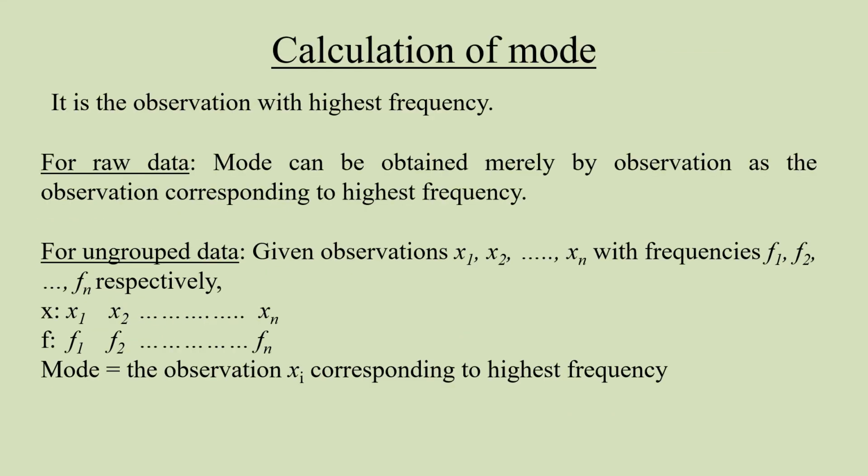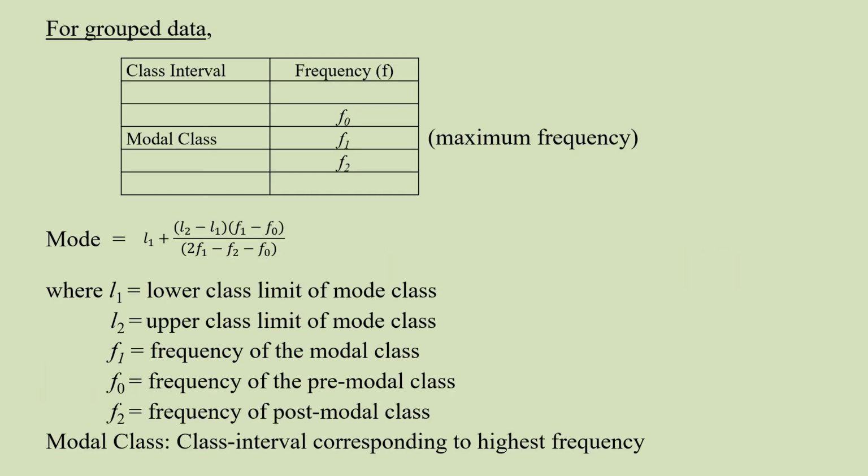Mode is that observation which corresponds to the highest frequency. For raw data and for ungrouped data, it can be obtained merely by observation. For group data, mode can be calculated as: first, the modal class is to be obtained as the class interval corresponding to the highest frequency.